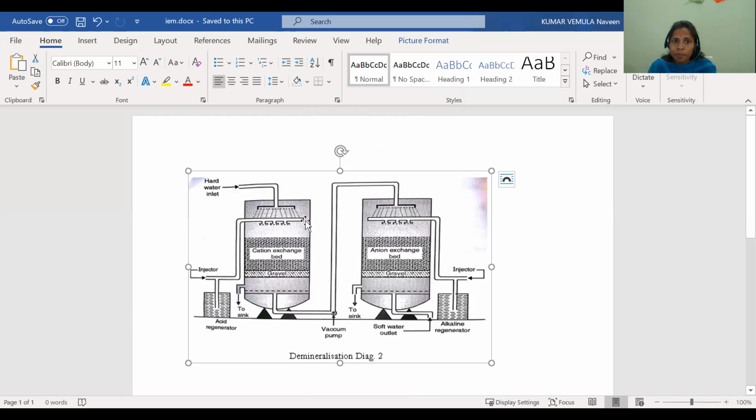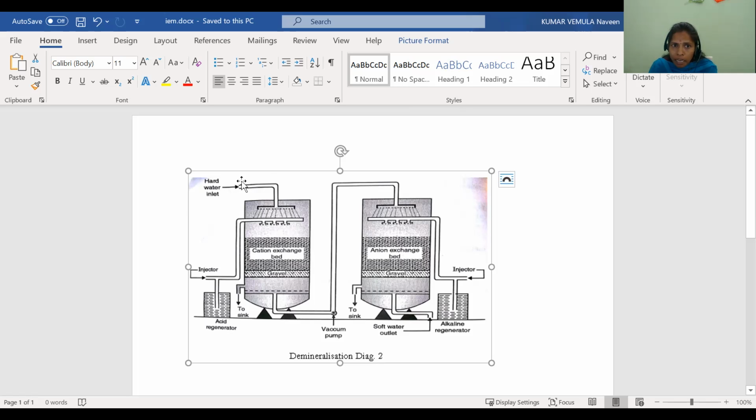So this is the diagram. See here, we have two chambers. The first chamber is the cation exchange chamber, and the second chamber is the anion exchange chamber. Initially we pass the hard water sample to the cation exchange chamber.